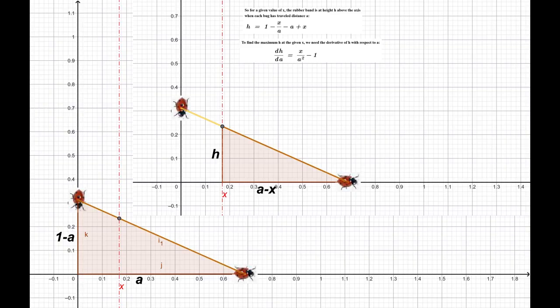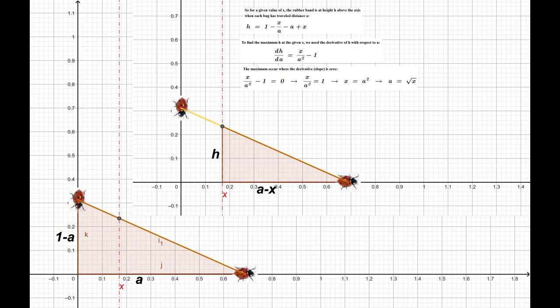And at that peak, that derivative has got to be 0. So let's set it to 0 and solve for A.